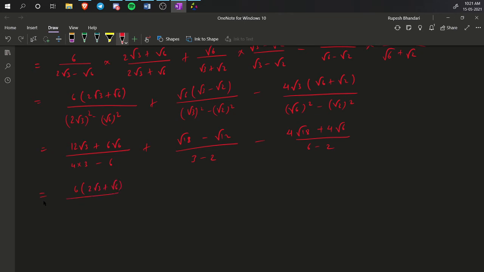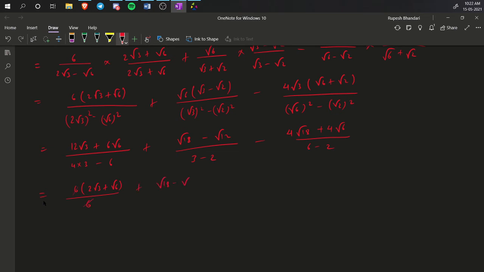And then what happens over here, 12 minus 6 will be basically 6. So I'll just do it directly. In the next step I can just take the common and then I will just cancel it out here.